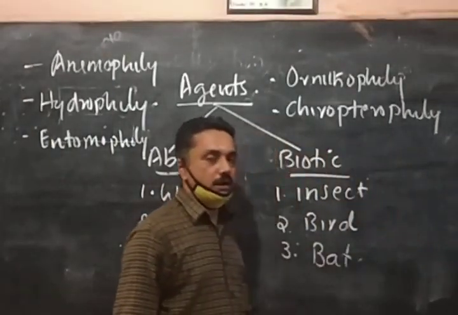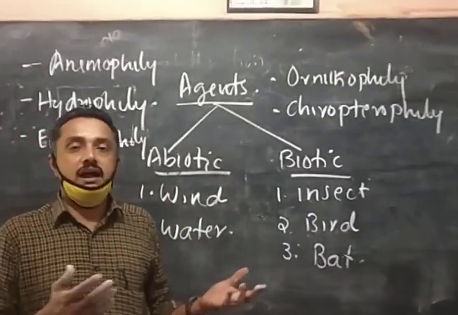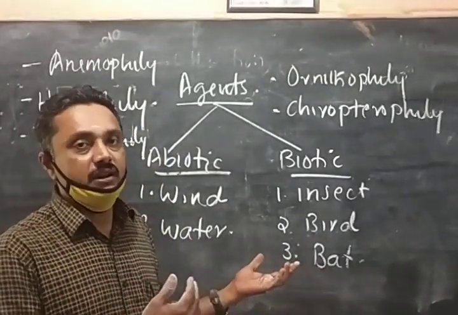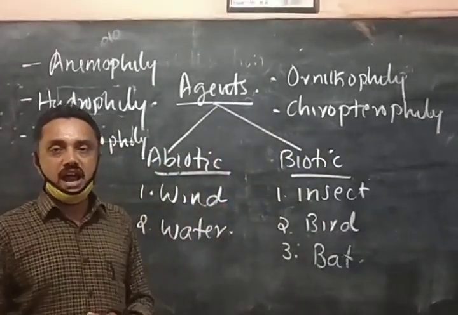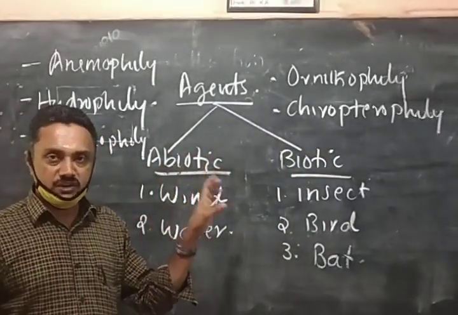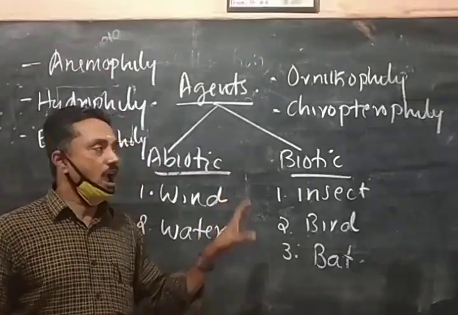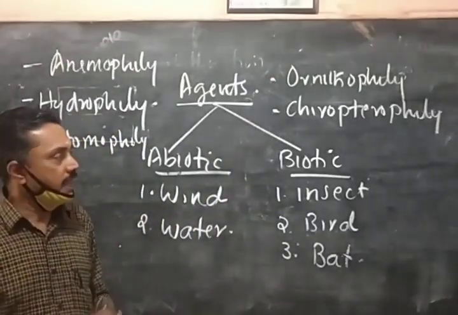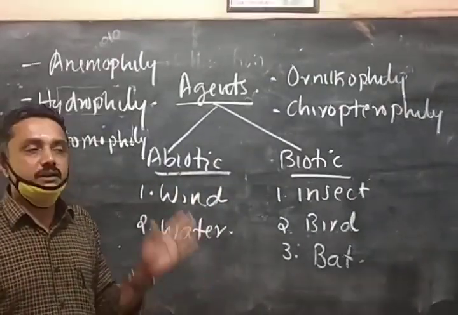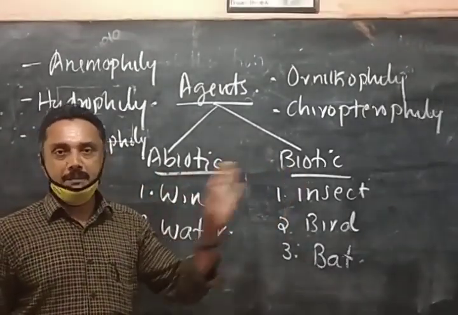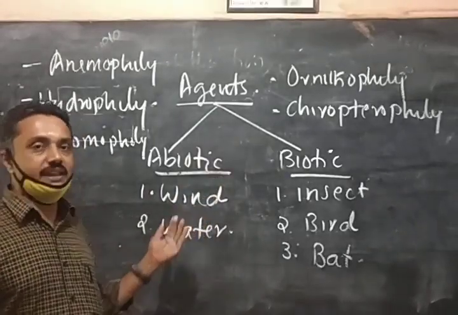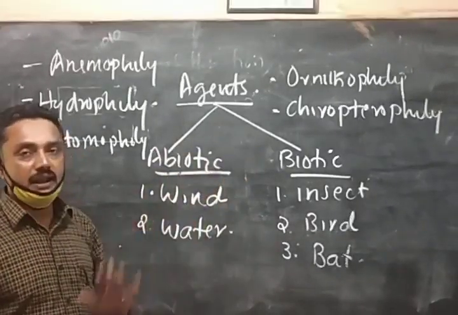So I will conclude once again. We have seen the development of the female gamete, how megasporogenesis takes place in the embryo sac. I said the embryo sac is a 7-celled, 8-nucleated structure, and how its development takes place. Then comes pollination, the different types of pollination: autogamy, geitonogamy, xenogamy, and then the agents of pollination, biotic and abiotic agents.